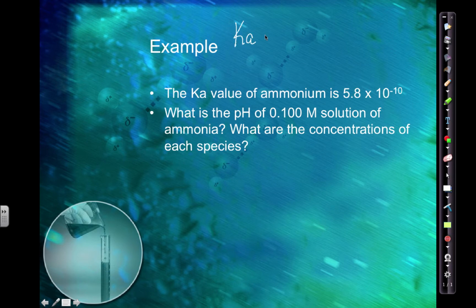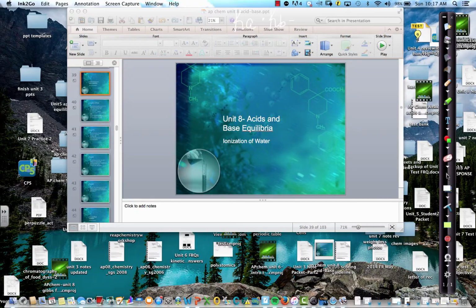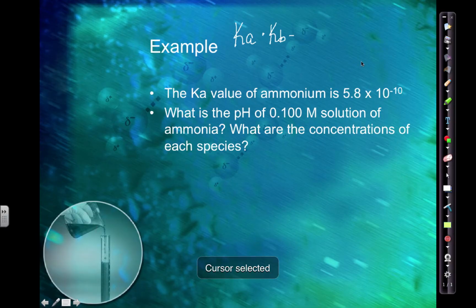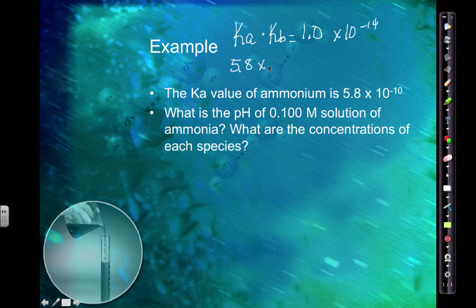So Ka times Kb is equal to 1.0 times 10 to the -14th. Well, Ka is 5.8 times 10 to the -10th.